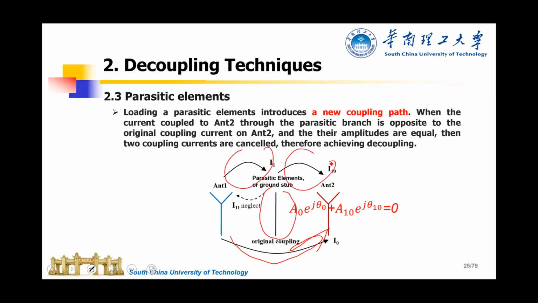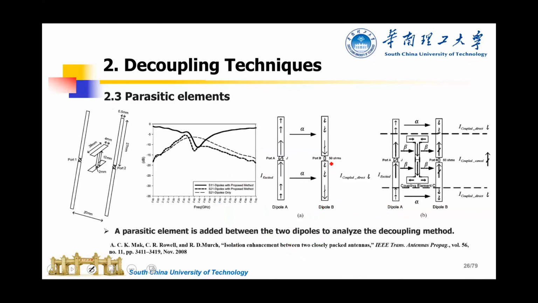When these two coupling waves have the same magnitude and opposite phase, the coupling can be cancelled like this. Here are two dipoles. When we insert this kind of element, we can get good decoupling performance.